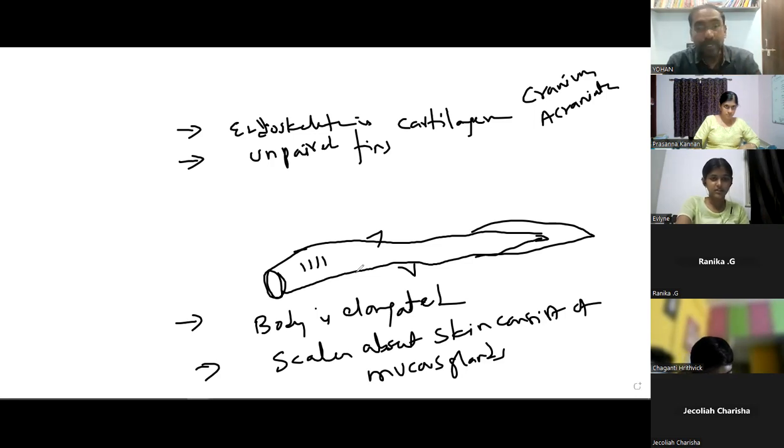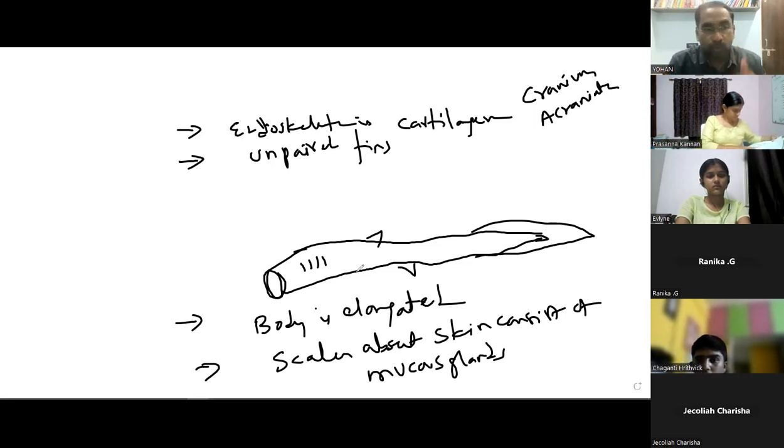Devoid of scales means, see, I have written scales absent. Okay, Amma? And you have to remember these points in sequence. If you know the order, we can recollect any point from any class. If you know how to dance, we can dance for any song, isn't it?